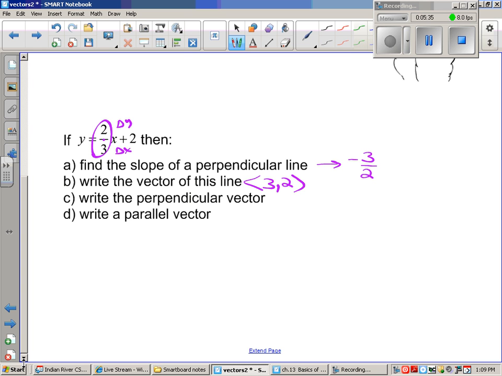The perpendicular vector would be, in my case, 2, negative 3. Again, that negative could have gone to either. Write a parallel vector. Parallel to that one would be any multiple. I'm just going to express that as 3a, 2a. So you understand it could be any multiple there.